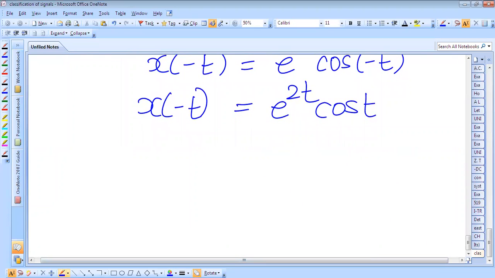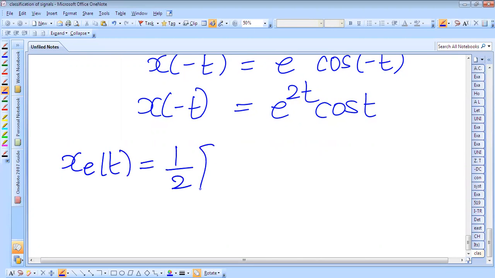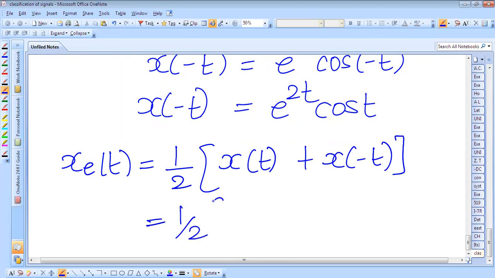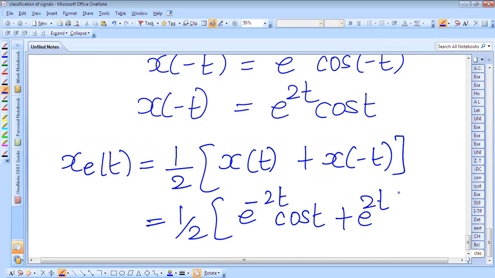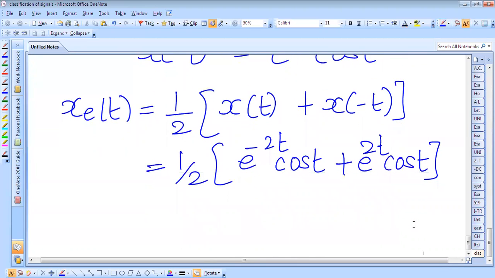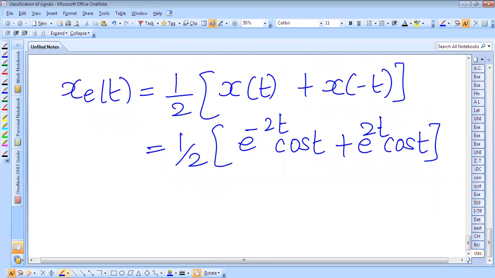Now what is the even component of the function? We already found this. The even component of this function is equal to half into x of t plus x of minus t. Okay, so half into x of t, it is given, x of t is e raised to power minus 2t into cos t, and x of minus t we have got here e raised to power 2t into cos t. So here we take the cos t outside.